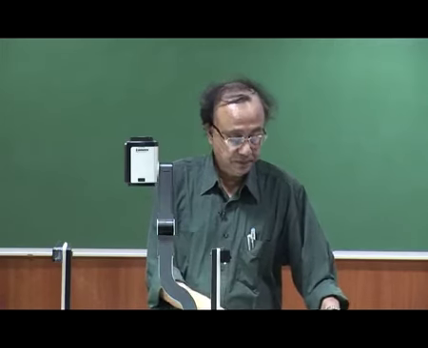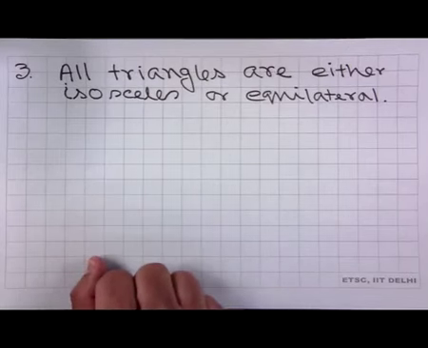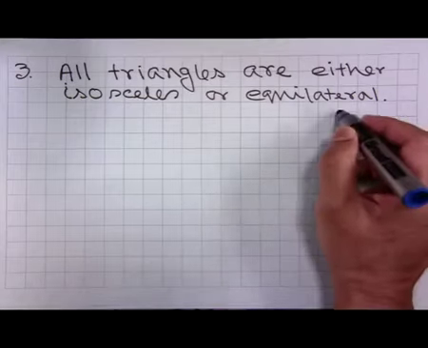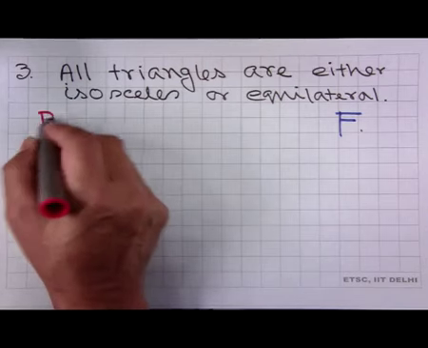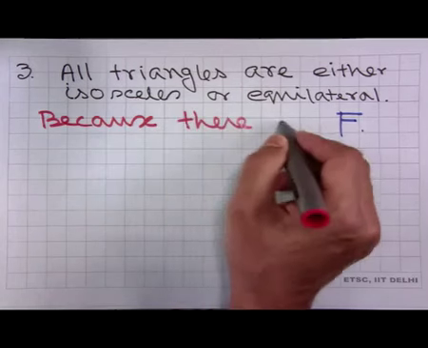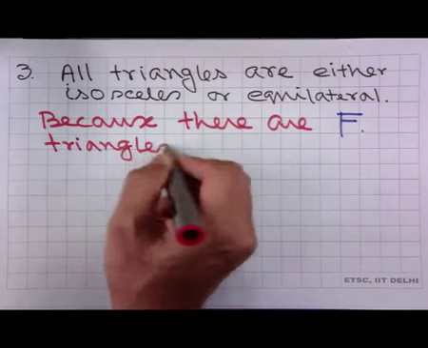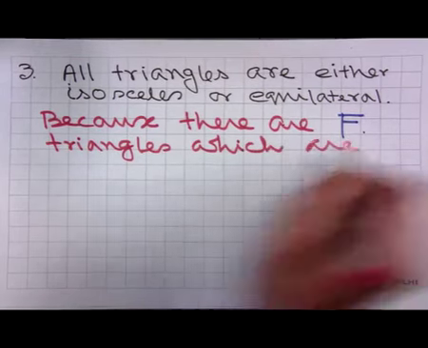Now, let us look at another problem. All triangles are either isosceles or equilateral. We know that this is false, because there are triangles which are scalene.